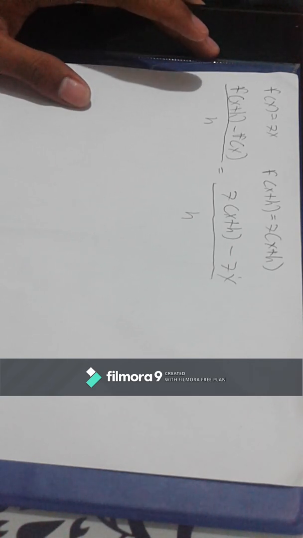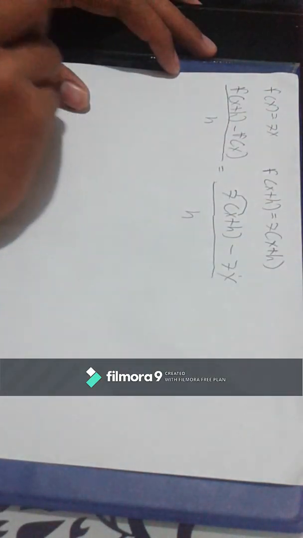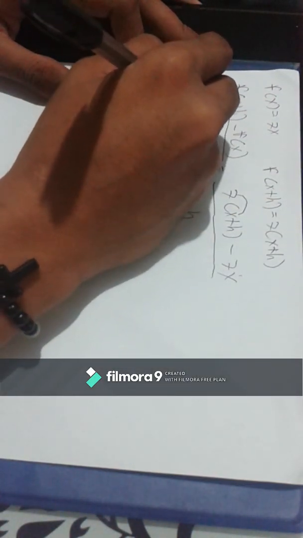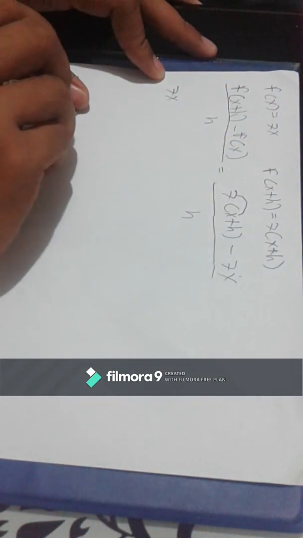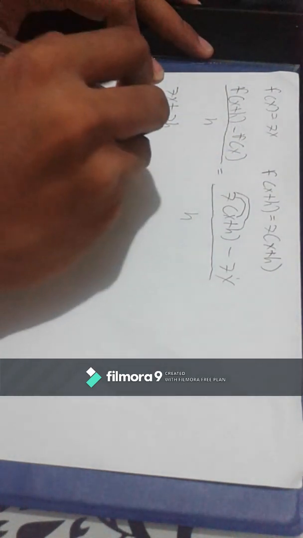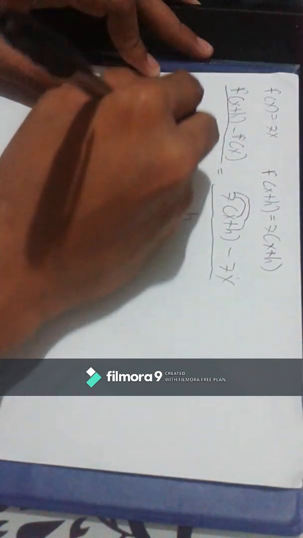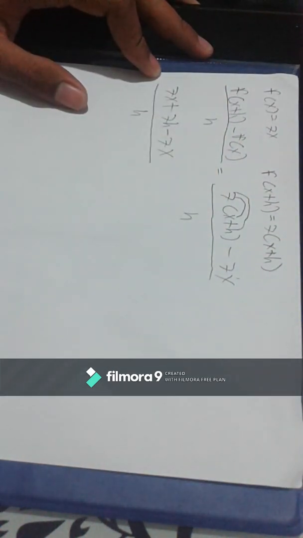All you've got to do is replace x with x plus h. Here, 7x plus 7h minus 7x over h.